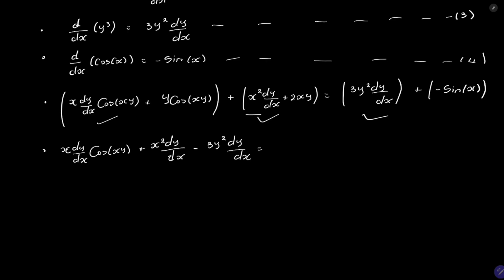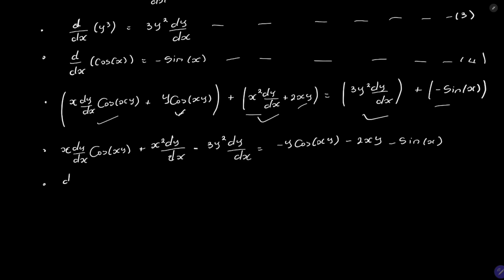Those are all the terms which contain dy/dx. Now move all the terms without dy/dx to the other side. We start with this term, negative y cos xy. The next term, minus 2xy. The last term, minus sine x.